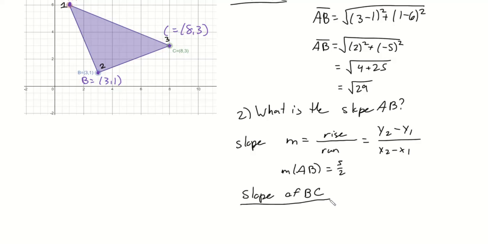Drew, this is going to you. We all get the same slope for AB. Finish slope of BC. We're going to go back to that.